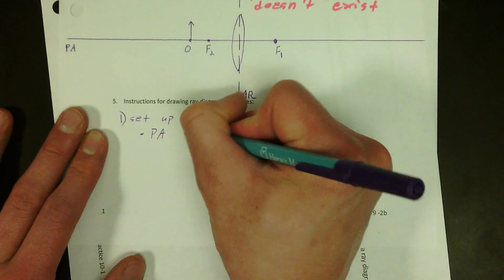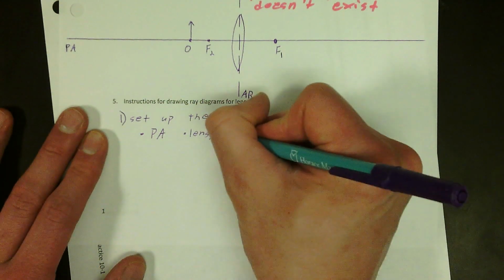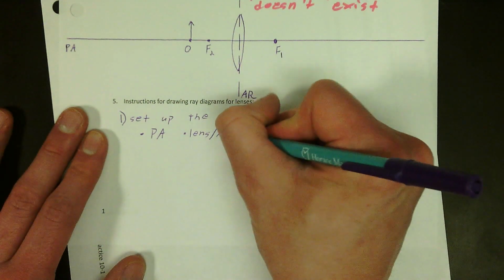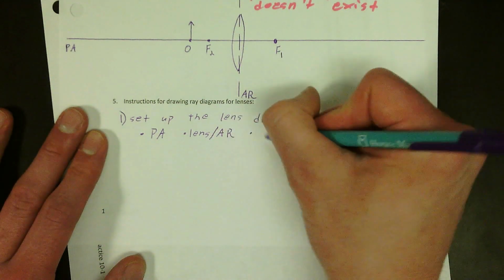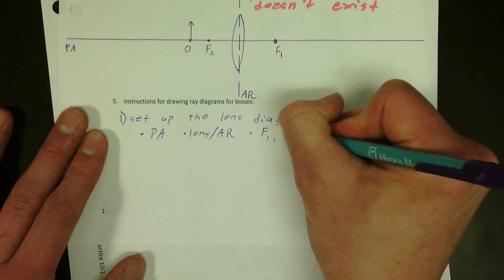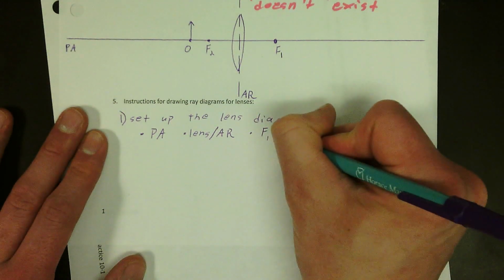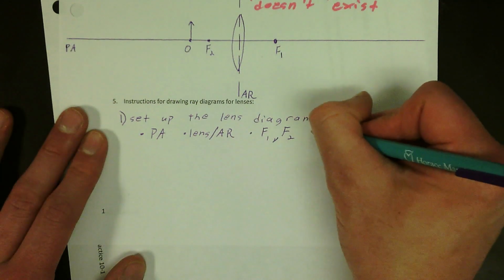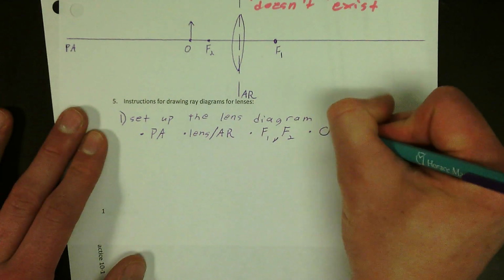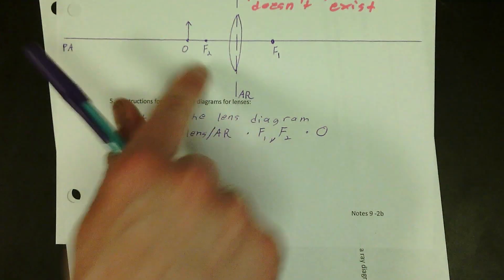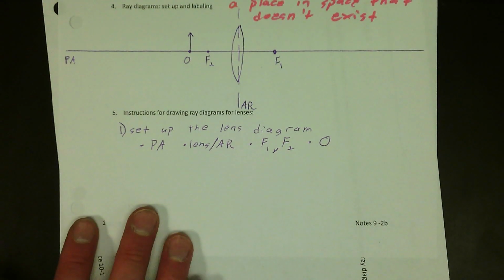You're going to draw the lens, the axis of refraction. You're going to draw focal length 1 and focal length 2. And then you're going to draw the object.